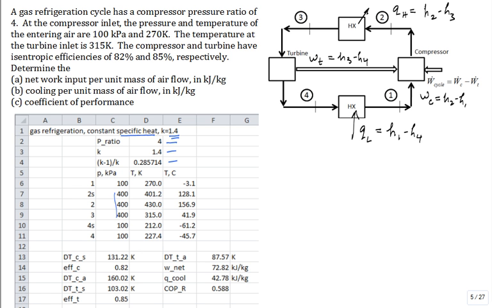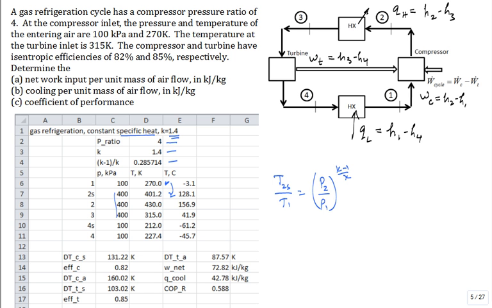The temperature was given. How do we calculate from 1 to 2S? Well, T2S divided by T1 is equal to P2 over P1 to the (k minus 1) over k. We've done that. Ideal gas, isentropic process, constant specific heats.